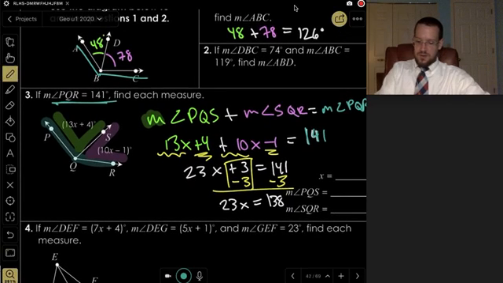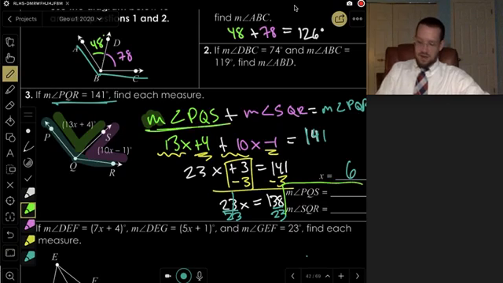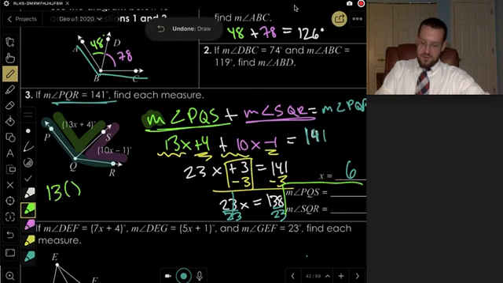However, if you don't know your 23 times tables, of course you can divide both sides by 23, because these two will cancel, and we find x is equal to 6. But notice we have some other questions. We want to know the measure of angle QPS, our measure in green, and also our measure in pink here.